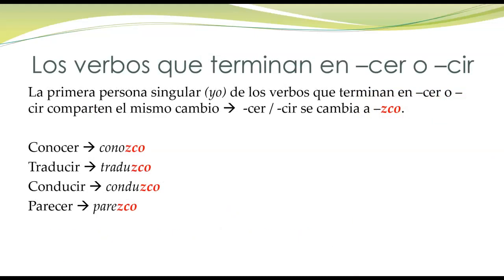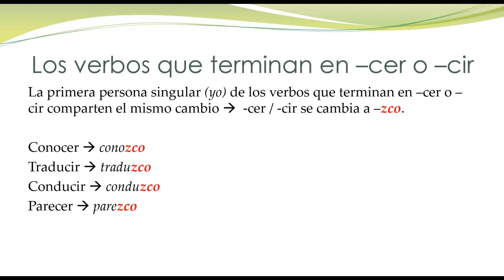Okay. Now, saber and conocer are both irregular in the yo form, saber being sé. Many students come in knowing how to say, oh, no sé. And in the positive form, the affirmative form, it would be yo sé. And conocer is irregular, it's conozco.